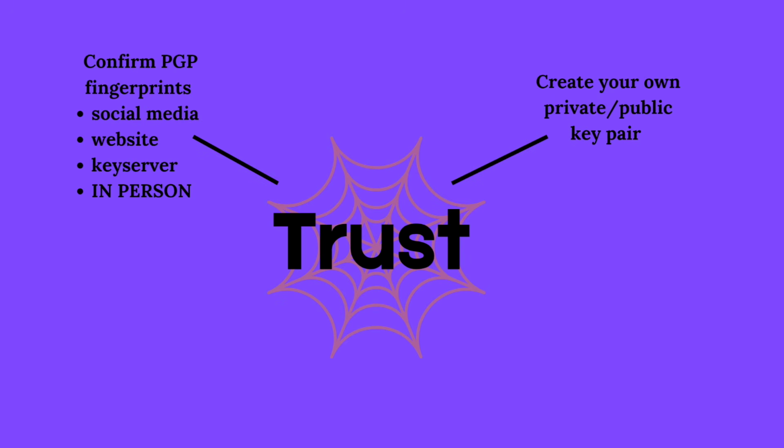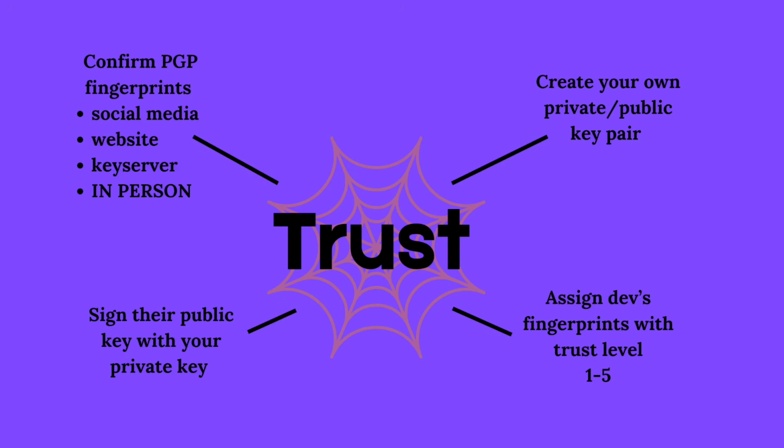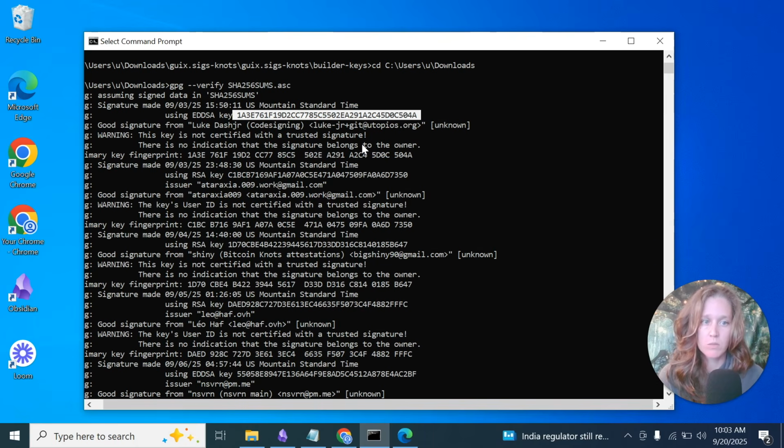Then you create your own private public key pair, assign a trust level to each imported public key, then you sign the public key with your private key. Then you won't see this warning. This is one of those more advanced steps, and we're not going to get into it in this video, but maybe in a later one.